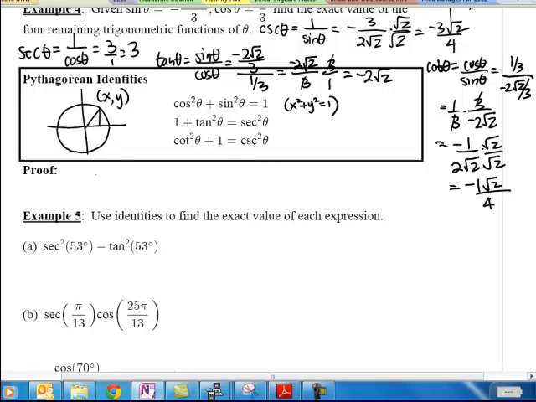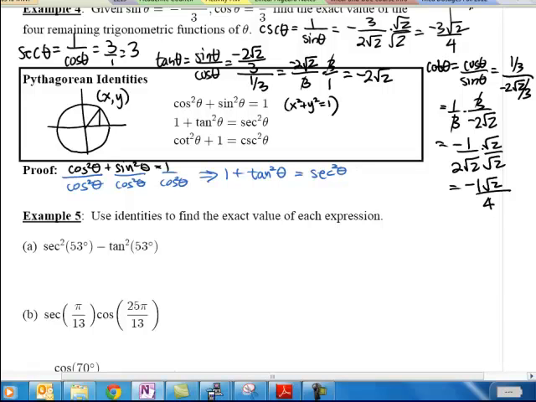And for the other two, if we start with cosine squared plus sine squared equals 1, and we divide it all by cosine squared, then we have the second identity, right? 1 plus tangent of theta squared is secant of theta squared.